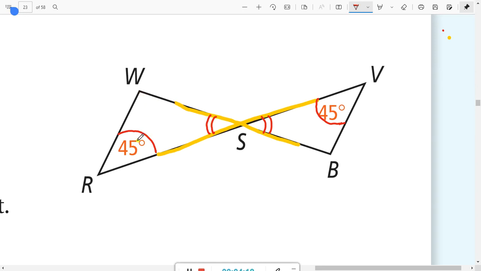Okay, so I'm going to say RSW. And the squiggly line means similar to, and then trace the other triangle the same way. 45 to the vertical to the one that's unmarked. So that's going to be VSB.